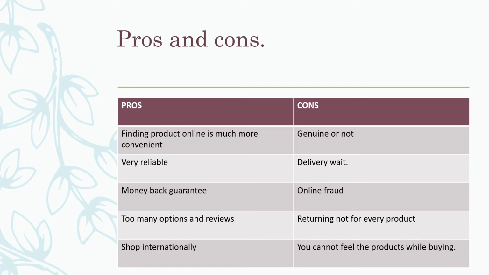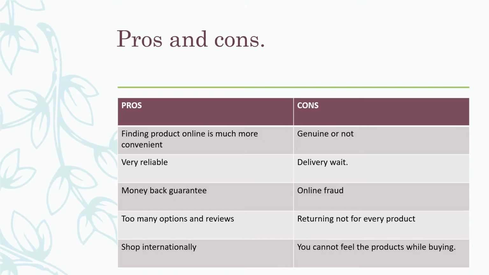If you're not satisfied with the product, most of them give cash back and money back to your accounts, and they even take the product back if you do not like it. There are many options and reviews too, for your convenience, so you can have an idea of whether you will like the product or not. You can also shop internationally in case your product is not available in this country.